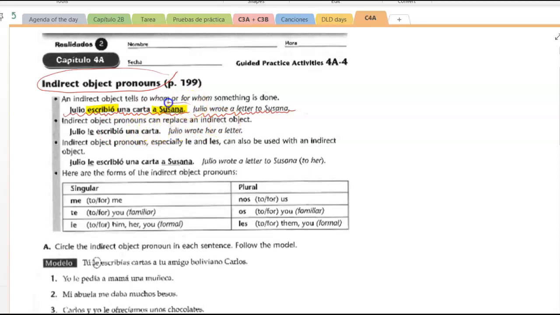Who's the indirect object here? Susana. And because it's a person, we're going to use the a. So, a Susana. That's how we end up with the sentence, Julio le escribió a Susana. Le is the indirect object pronoun for he or she. So, her or him, or also the you form.